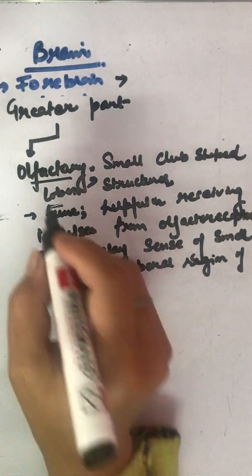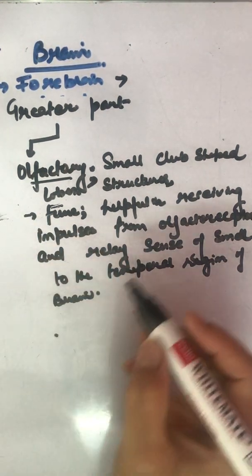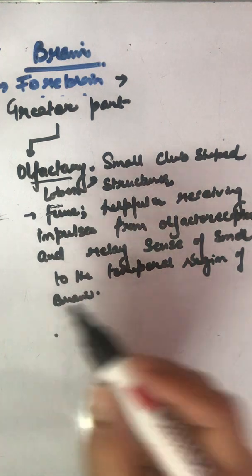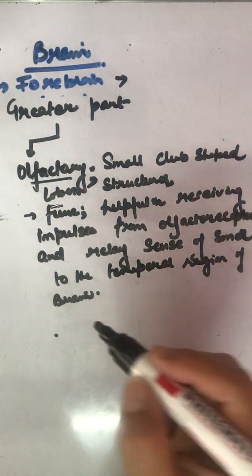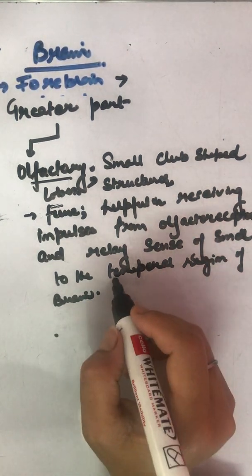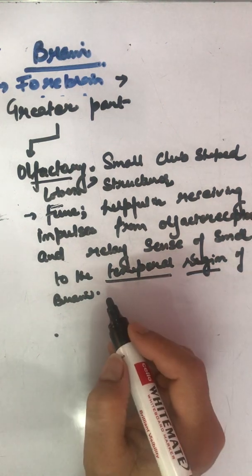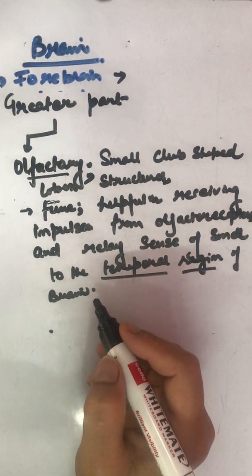So what do they act as? Connectors: processing of impulses, receiving them and then passing them on to the temporal region so that these can be easily visualized by the brain parts.